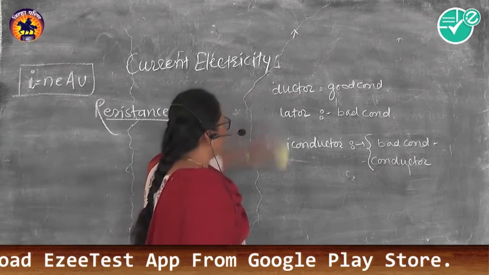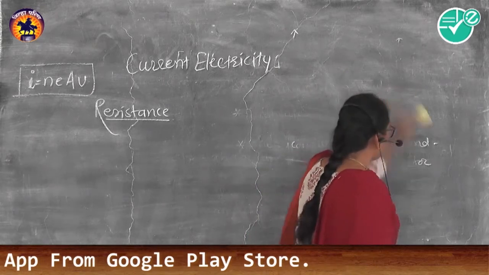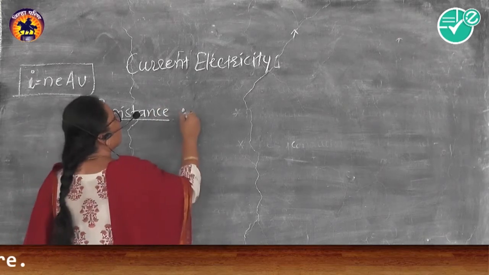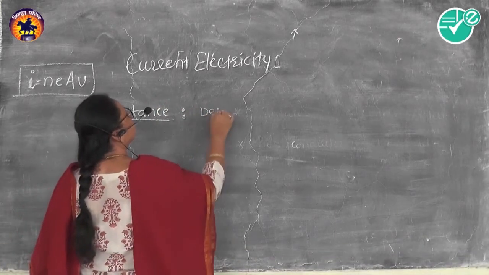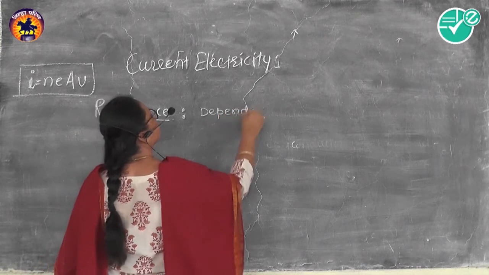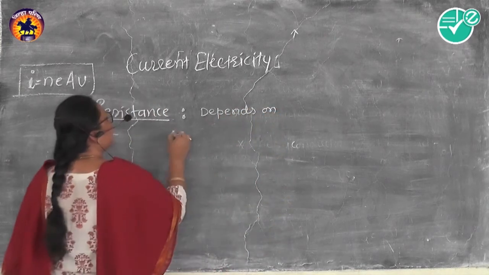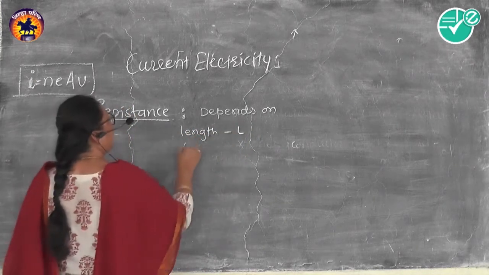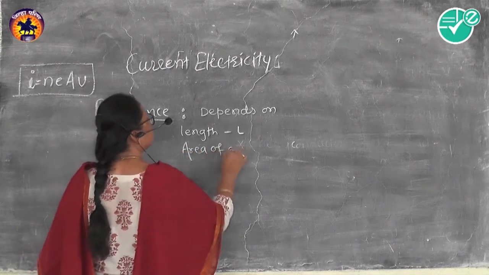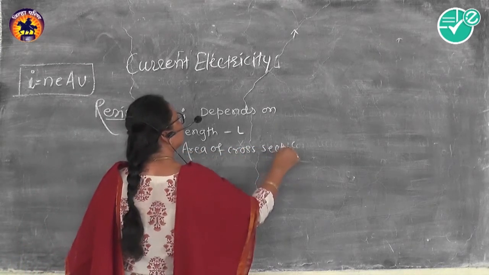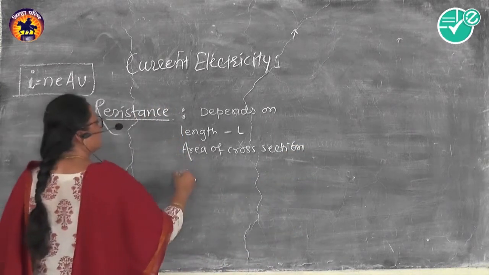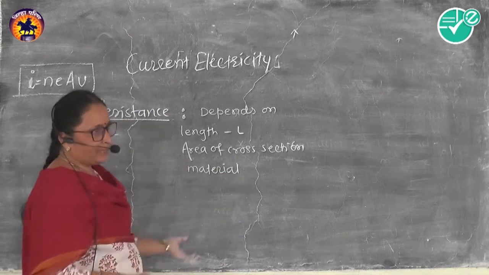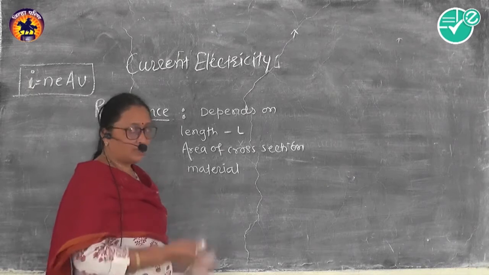Now we again come to the point of resistance. So the resistance of any material depends on its length, meaning the length of the conductor, then the area of cross section, and finally its material, meaning every conducting material has a different resistance.